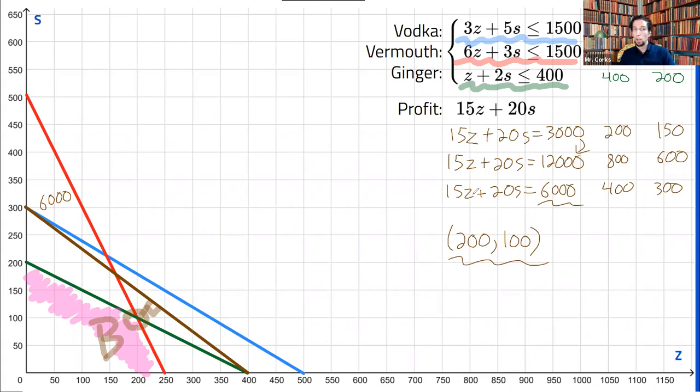Okay, that's if we are not sure if this corner is the right one. I'm saying we are sure that corner B is the correct one, but we just aren't sure about the exact coordinates. Maybe it's 199 and 101 or something. How can we confirm that it's exactly 200 and exactly 100?